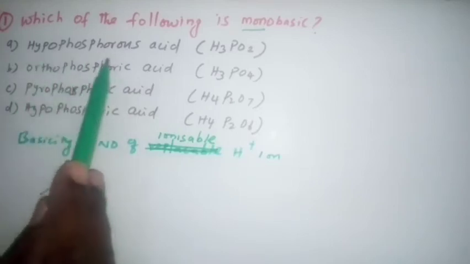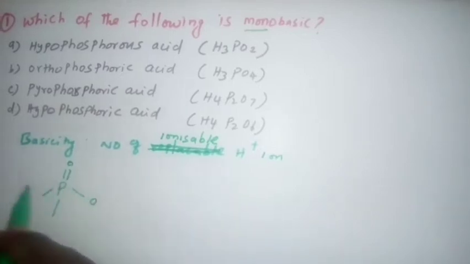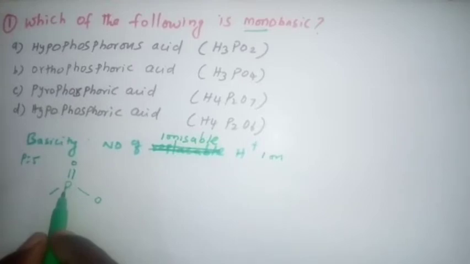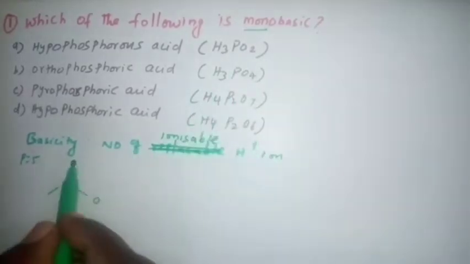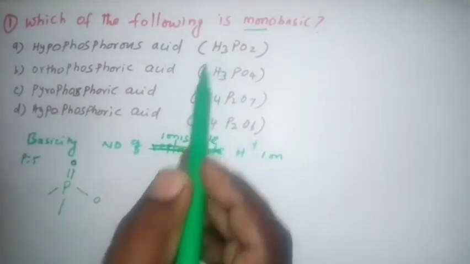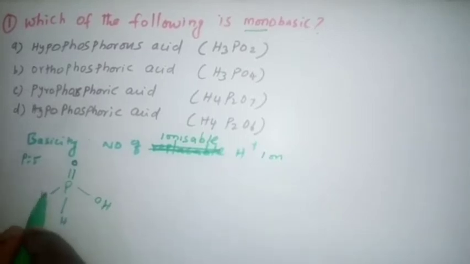First you check hypophosphorus acid H3PO2. Generally the valency of phosphorus is 5, so phosphorus will come in the middle. There are 2 oxygen atoms, one oxygen atom here, another oxygen atom here. Next 3 hydrogen atoms, 1, 2, 3.